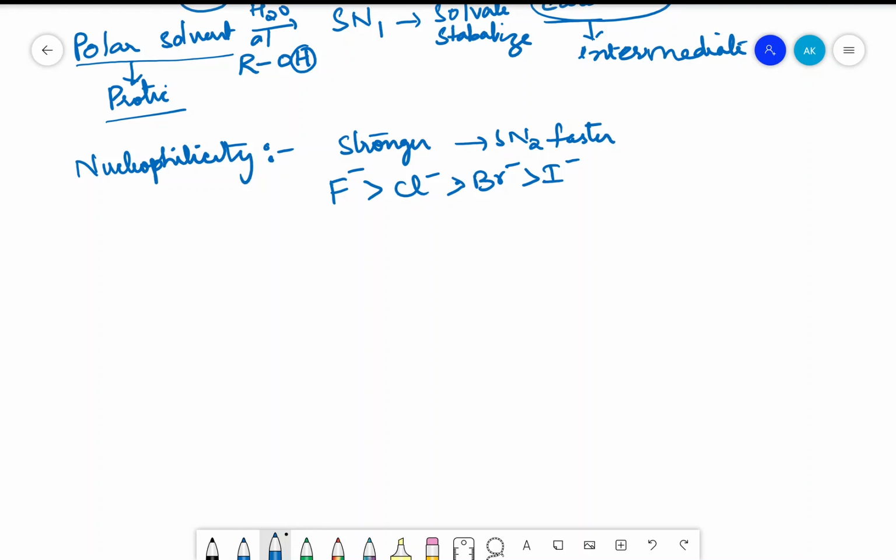So in nucleophilicity, the stronger the nucleophile, the faster is the SN2 reaction. Nucleophilicity does not have any impact in SN1 reaction because it is independent of the nucleophile. It only depends on the concentration of alkyl halide.